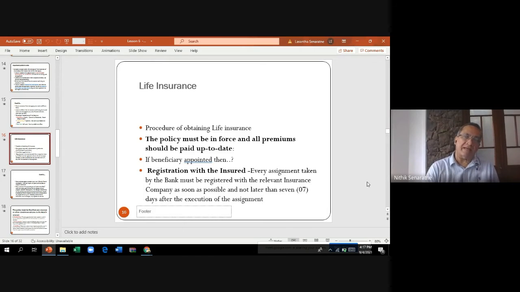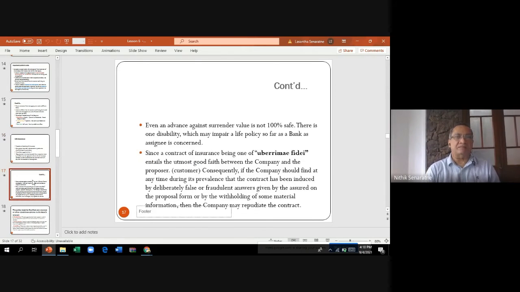What normally happens if something happens to that policyholder, if you have given a loan, you have to fill certain forms and send it to the insurance company. The insurance company will straight away give you the surrender value, where you can recover your outstanding and pay back the balance to the survivors of that particular policy. That is how it goes in case of an insurance policy.